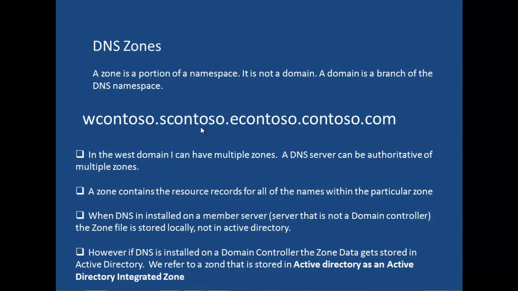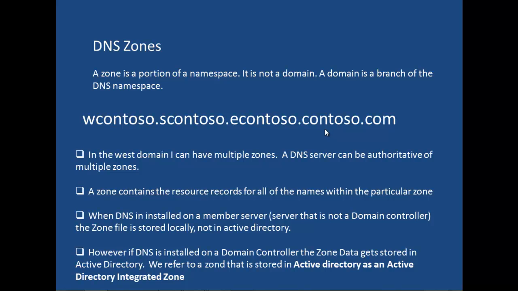If we have a DNS server in Contoso, for example, that DNS server can be authoritative for more than one zone. So we can create a zone called W zone. We can create another zone called S zone and E zone.